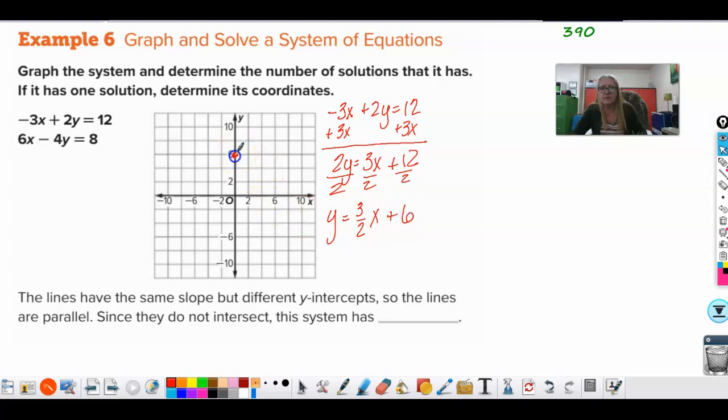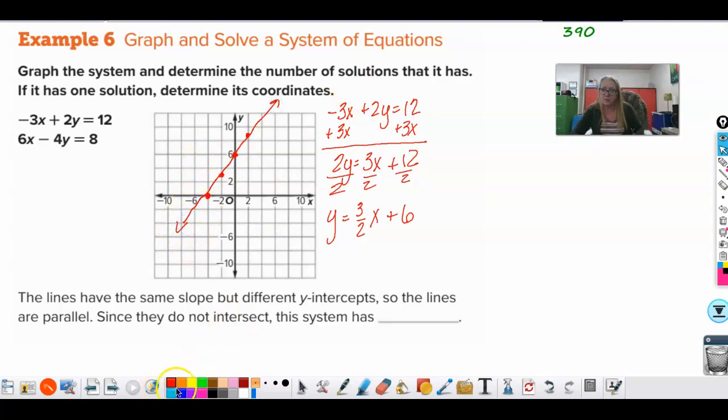The y-intercept is 6, and the slope is 3/2, so we could go up 3, right 2, or we could go down 3, left 2. Let's go down 3, left 2 again, just so I can have a nice line for this one. It's so hard to draw a straight line.